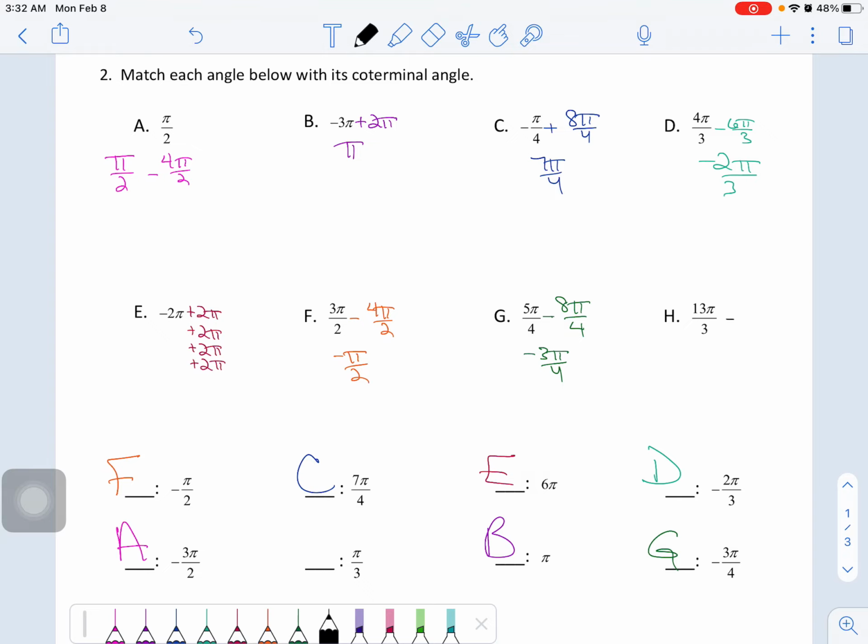But let's show it so we make sure we're doing it right. If I subtract 6 pi over 3, I would get 7 pi over 3. If I subtract another 6 pi over 3, I would get pi over 3, which is what I was looking for in part H here.